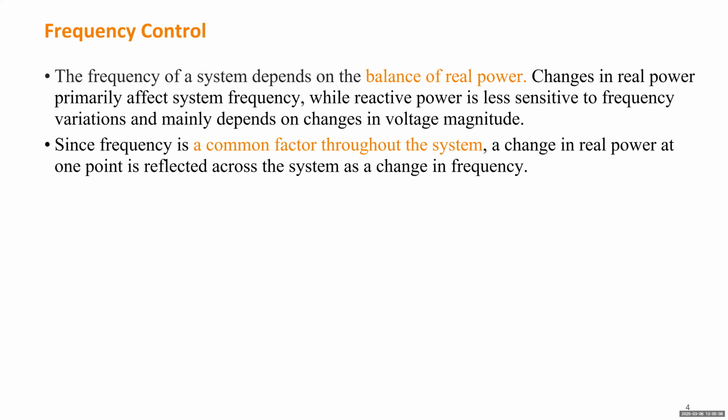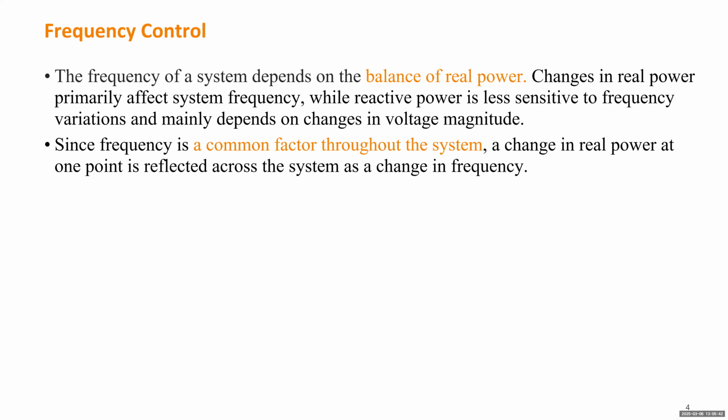Frequency for a power system is a common factor throughout the entire system. Any change anywhere in real power on the system will eventually be reflected across the entire system by the frequency. So you may have a very large interconnected power grid and many generators. A disturbance like tripping one generator will first influence the speed of a neighboring generator, and gradually will propagate to the entire system.